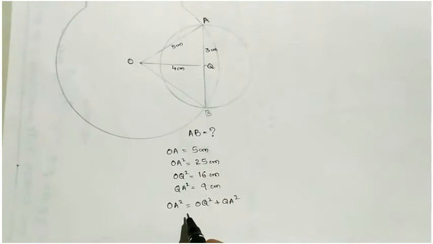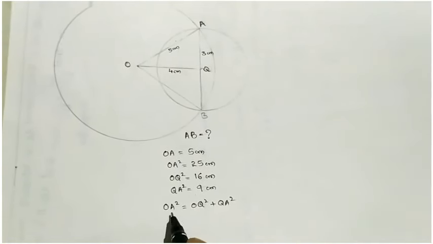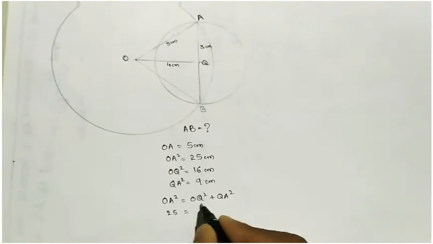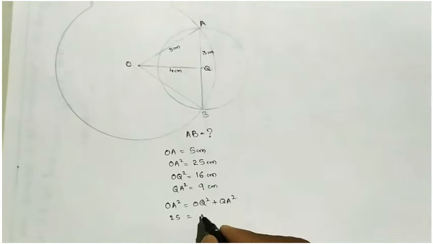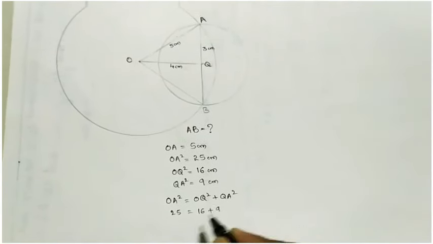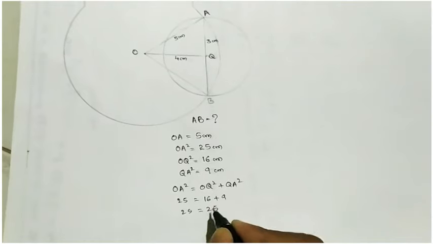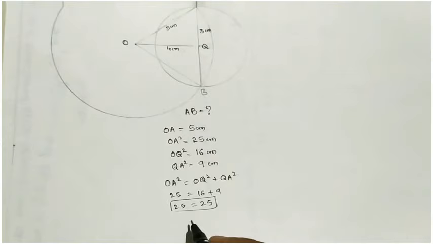What is this? This is a Pythagoras theorem triplet. How? OA square is equal to the sum of the squares of the other two sides, that is 16 plus 9, which is also 25. So it obeys the Pythagoras theorem.